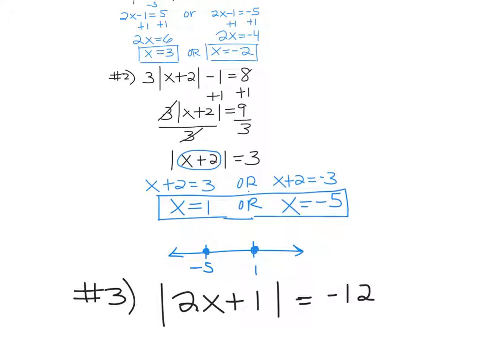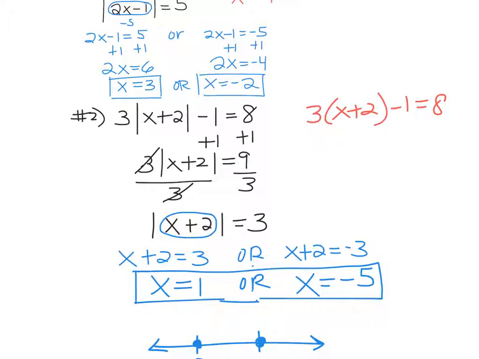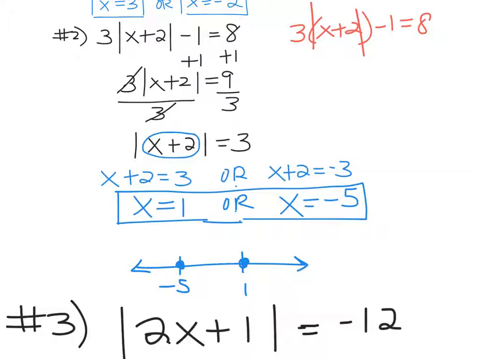If these absolute values weren't here, it would just be a basic equation and you only get one answer. It's just the equations we've done before. But because that absolute value is there, we're going to get 2 solutions for these problems. It changes it quite a bit, actually. When you get to the step where the absolute value equals 3, then what's in here can be 3 or negative 3. So it changes the whole problem.